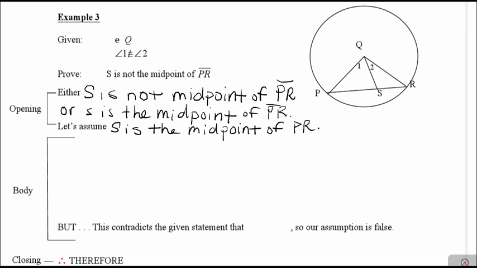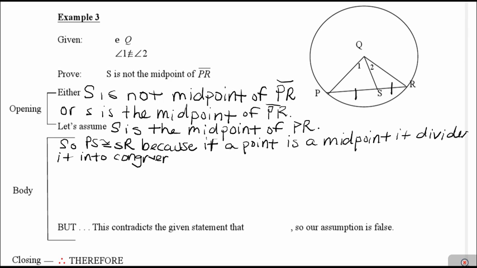So if we use that as a given, what would that mean? That would mean then that PS is congruent to SR, because if a point is the midpoint, it divides it into two congruent segments. And since we know the center point of the circle is Q, we can look for those radii.